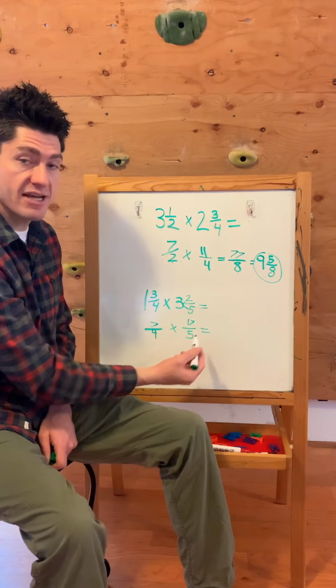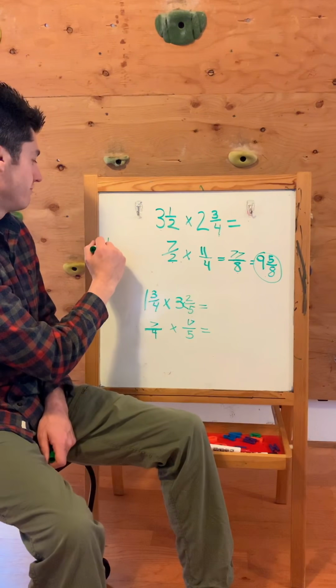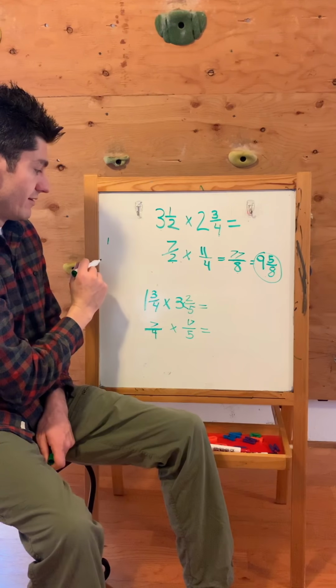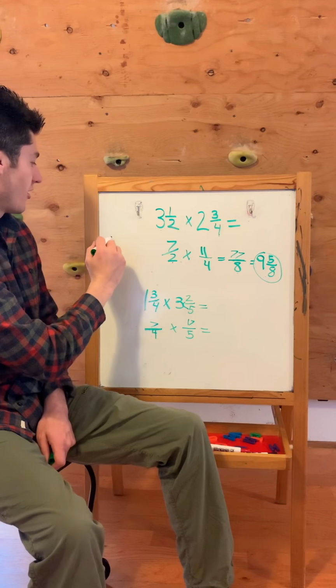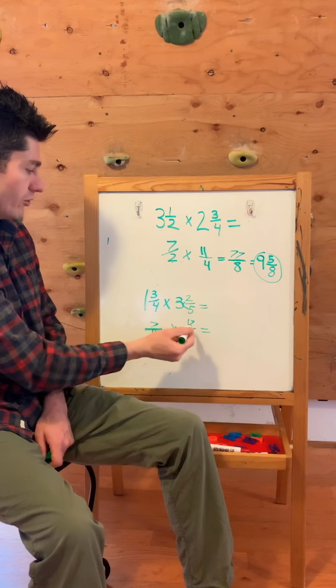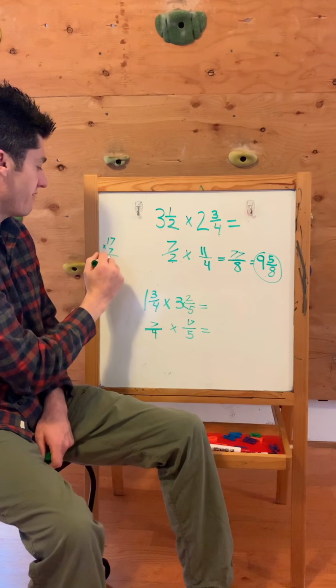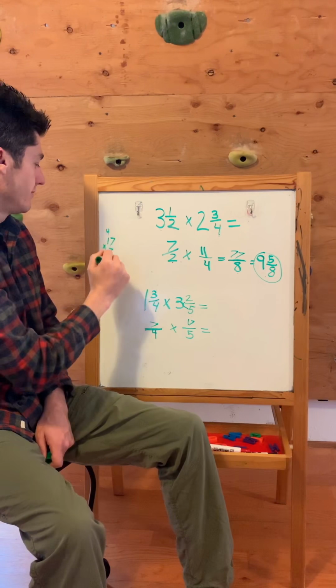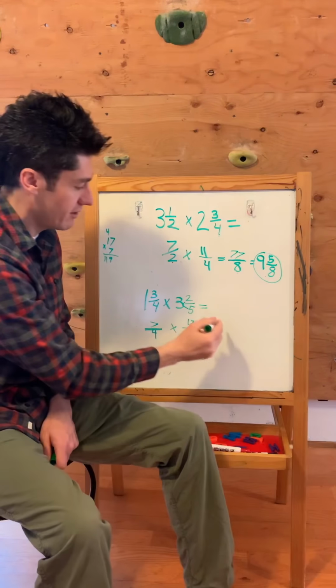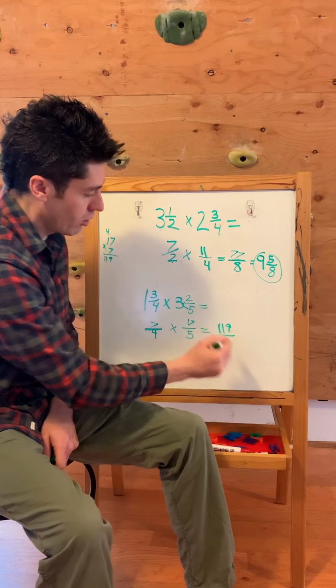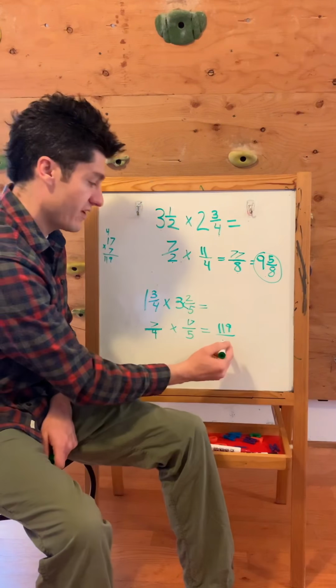Straight across the top, 7 times 17. It's going to be 119, I believe, but we can set up the multiplication off to the side. 17 times 7, 49. 119, I was correct. 119 over 4 times 5 is 20.